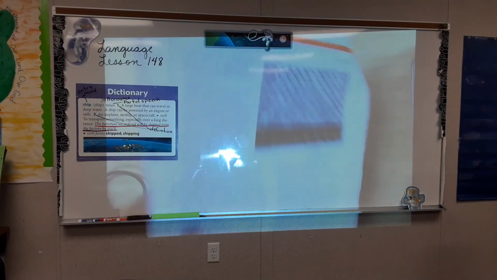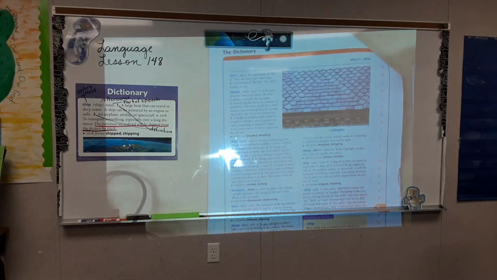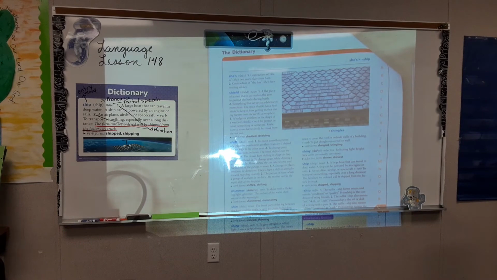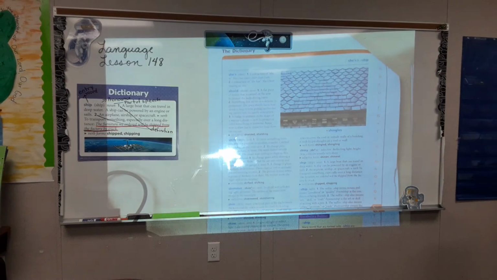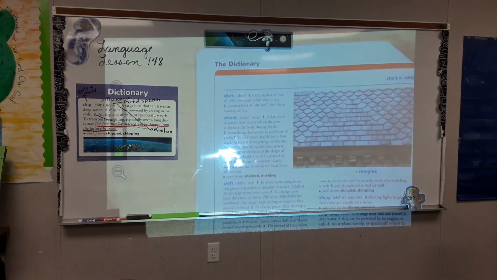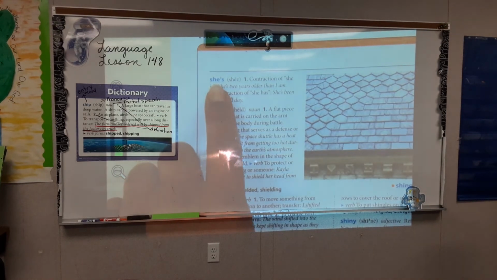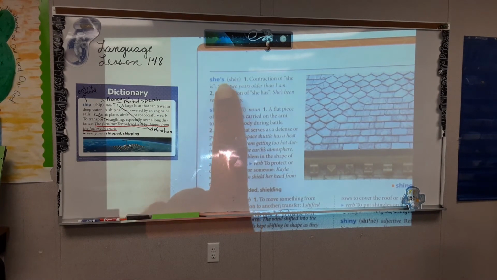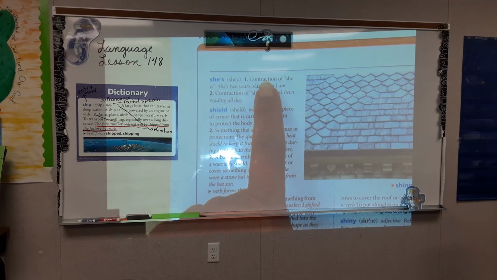It's right in my hand. Okay, so you have an example page of a dictionary. This was to show you, again, your entries, the same thing that I showed you on the chart, right? It has your entry word, how you pronounce it. It tells you it is a contraction.